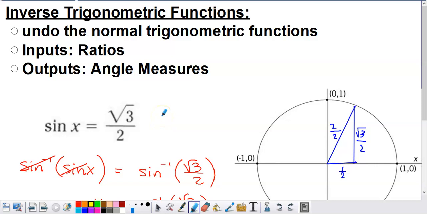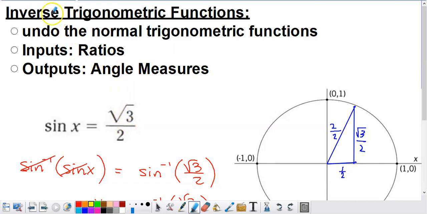Sine is opposite over hypotenuse. So if we took the opposite leg of the right triangle relative to the angle that's represented by x and divided by the hypotenuse, we would have this as that ratio. So with a normal trig function, the input is an angle, the output is the appropriate ratio.